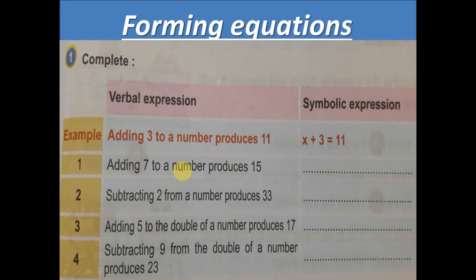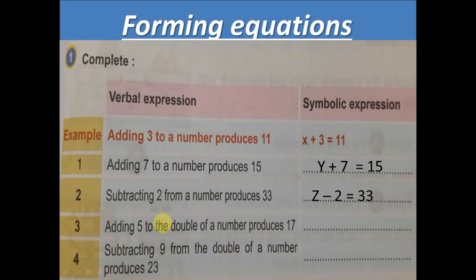X plus 7 equals 15, or Y plus 7 equals 15. Next, subtracting 2 from a number produced 33. A number minus 2 equals 33, or Z minus 2 equals 33.